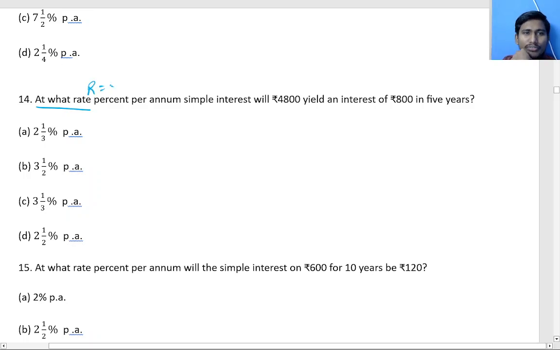So interest will yield an interest of 800. Interest is 800 and principal is how much? On principal of 4800. Okay, principal this is. So what is their question? At what rate per annum?